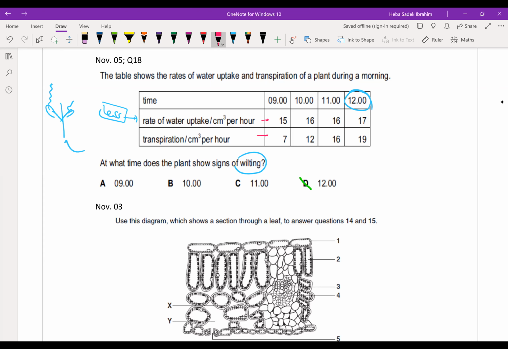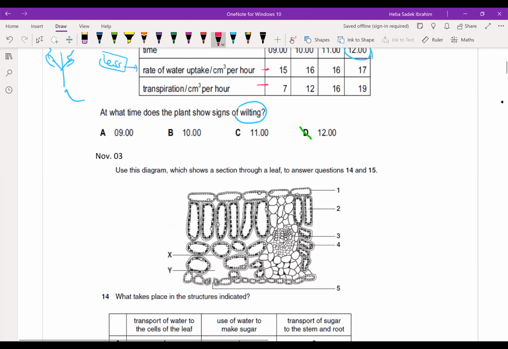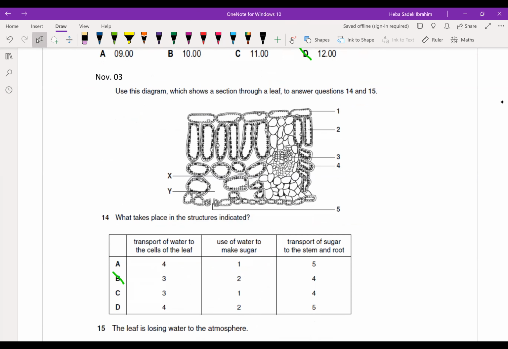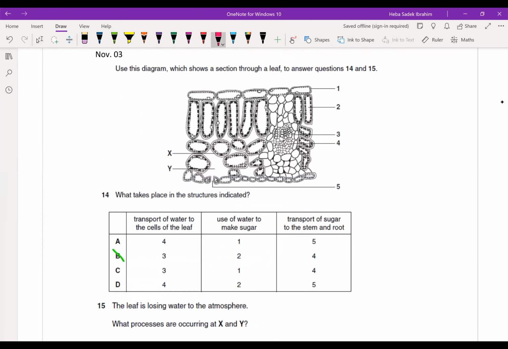In this diagram they're asking you in which section through the leaf, answer questions 14 and 15. What takes place in the structures indicated? We know that inside our vascular bundle, part 3 is the xylem and the lower one is the phloem. The trick in this question is to know that 3 is the xylem and 4 is the phloem.